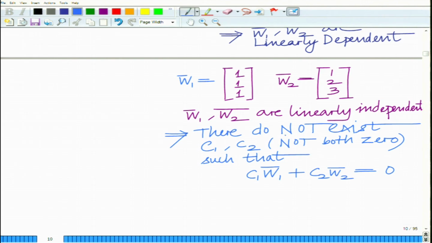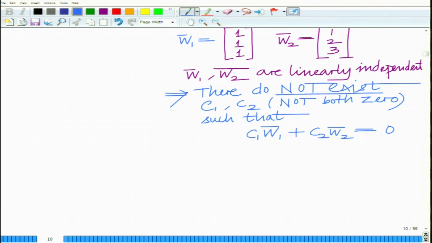Okay, these weights do not exist such that the linear combination is 0. So, basically this is the concept of linear dependence and linear independence of a set of vectors.